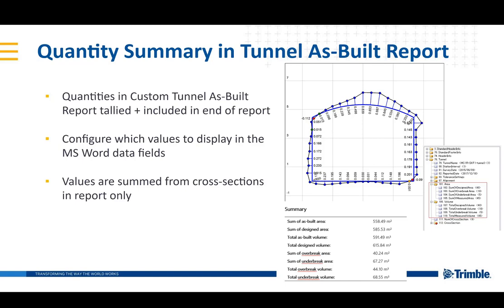You can configure which values to display, I believe I show all of them there, in the Microsoft Word data fields, just like you would with any other customized report. And the values in this summary table are summed from the cross-sections in the report only. So if I had 10 cross-sections in the tunnel as-built report, the summary will be of those quantities in those 10 cross-sections.